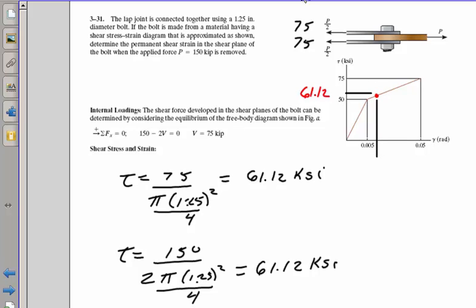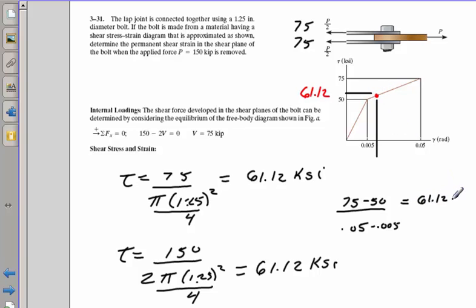right there. So to do that, basically you know what the slope of this is. You know the slope is going to be 75 minus 50 over 0.05 minus 0.005. All you have to do is set that equal to 61.12, this value here minus this.